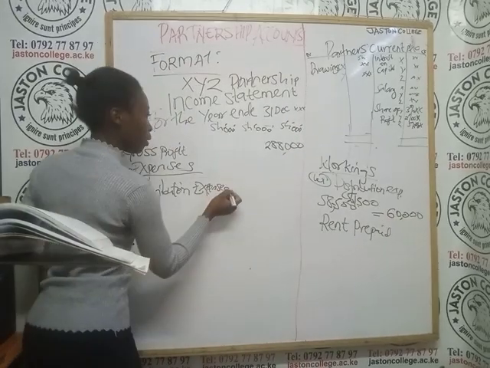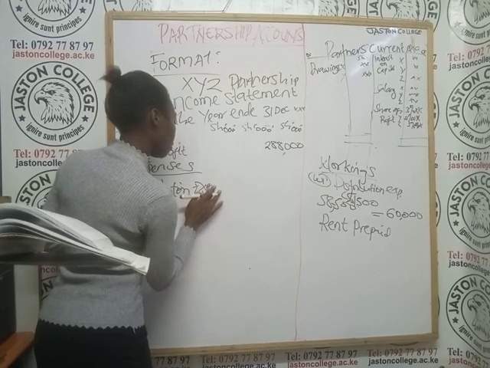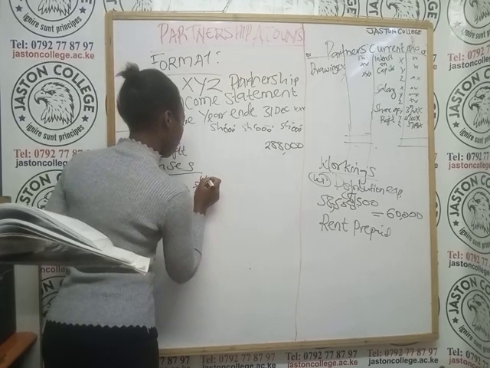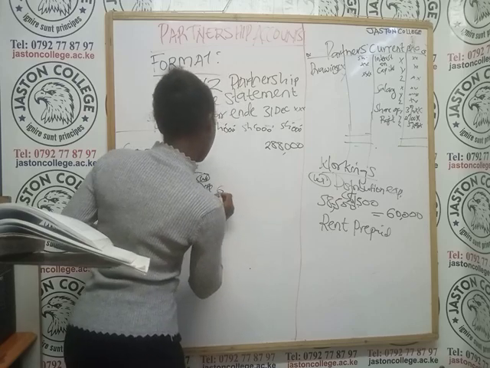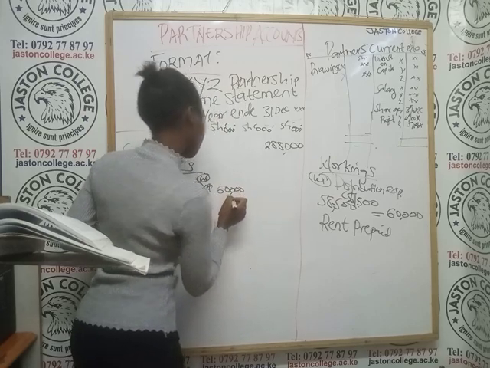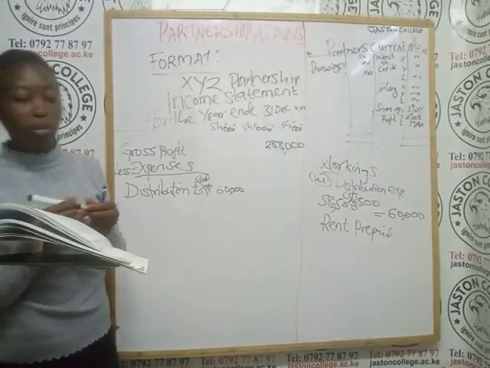Now in our working one, we will have 60,000 as our distribution expense.